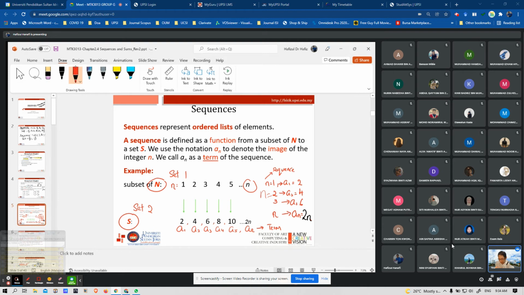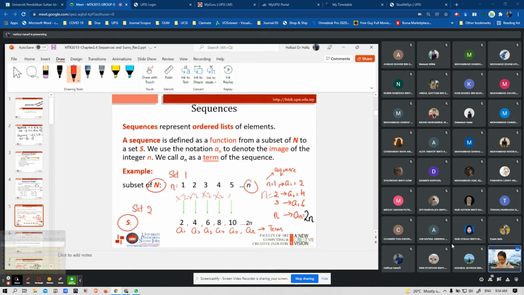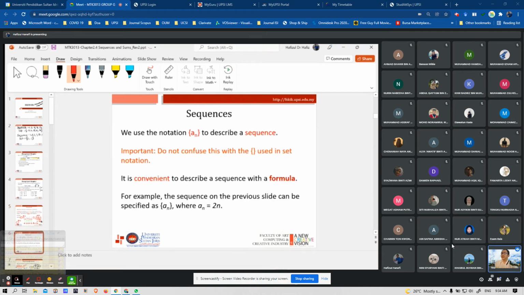In other words, this one is multiplied by 2, the a_n terms. Then we use the notation {a_n} to describe a sequence. That is important, do not confuse it with the element brackets used in set notation. It is convenient to describe a sequence with a formula. For example, the sequence of the previous slide can be specified as {a_n}, whereby a_n is equal to 2n.